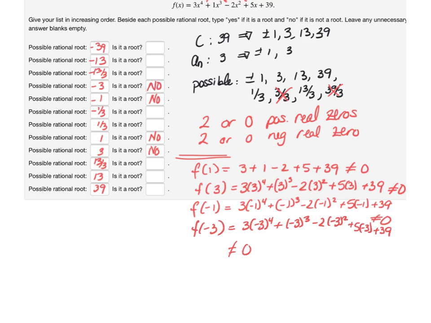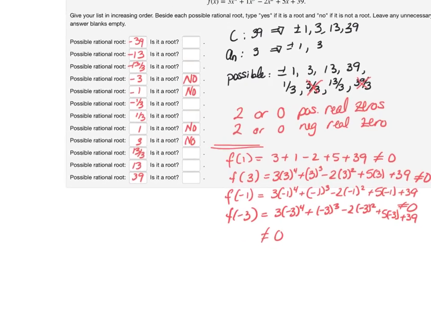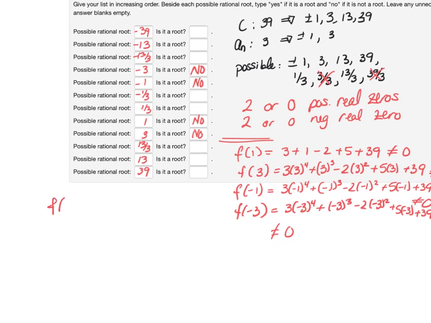So I was really kind of hoping to avoid the fractions, but it doesn't look like I'm going to be able to. So I'm going to do f of 1/3 and do the same thing, and I'm going to keep doing this until I get a yes or a no. All right? This one's going to be tedious, but it's going to get you to say, I can just plug these into my calculator and try to find them.